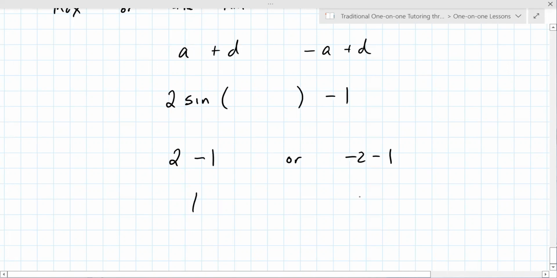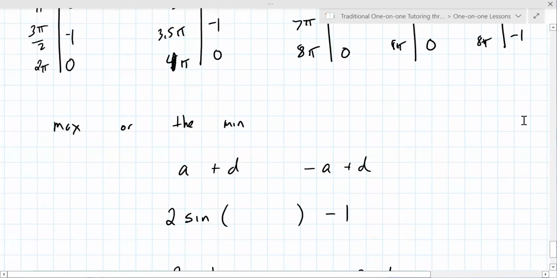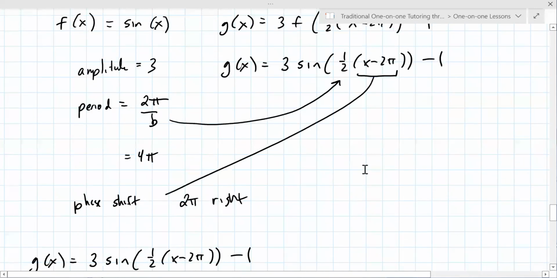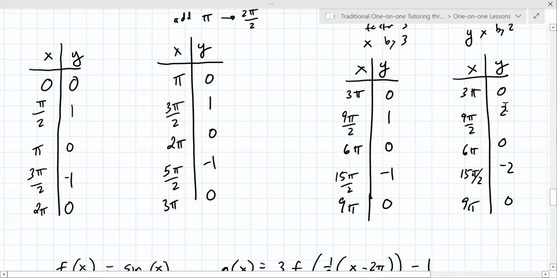So it's 1 or -3. This is obviously the max, and this is the min. And if you go back to your table, you will see that. I think that's actually easier to look at. It's like, oh, there's the max, it's 2. There's the min, it's -4. If you go back to the previous one, where's the max? Oh, the max is 2, min is -2. Right. Oh, okay.